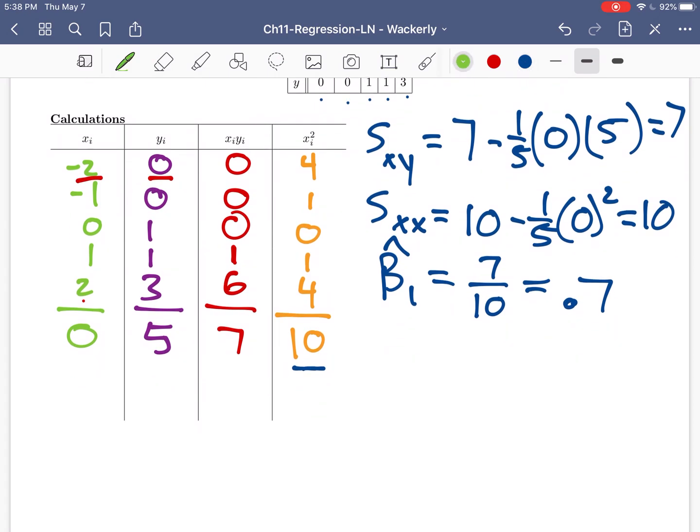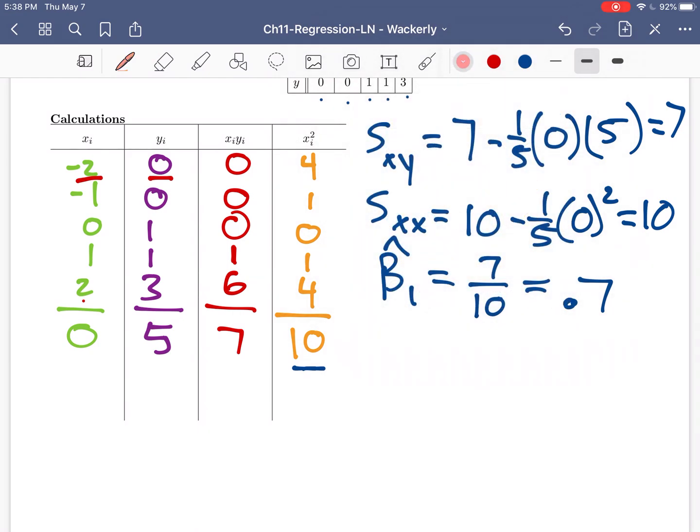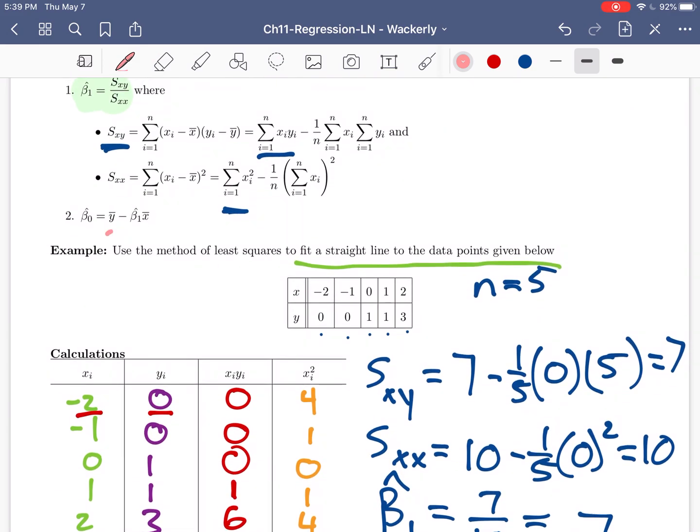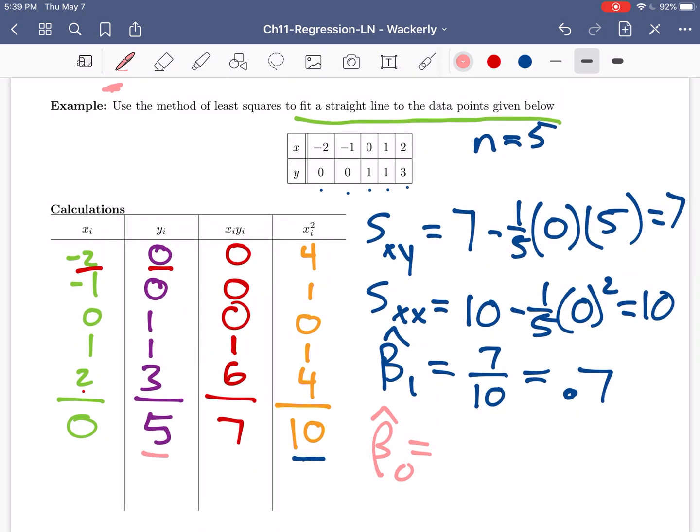The value then of beta naught is going to be the mean of the y values. We already found the sum of the y values. The sum of the y values was 5, and there are 5 values in total, so the mean is 5 over 5.